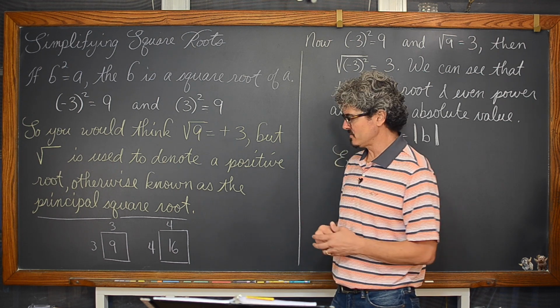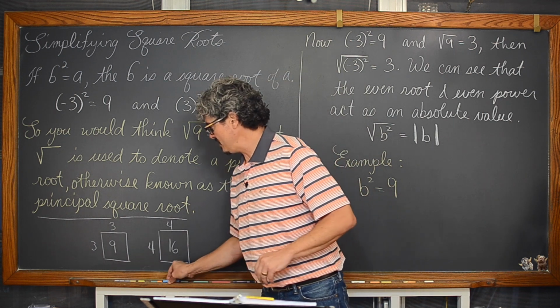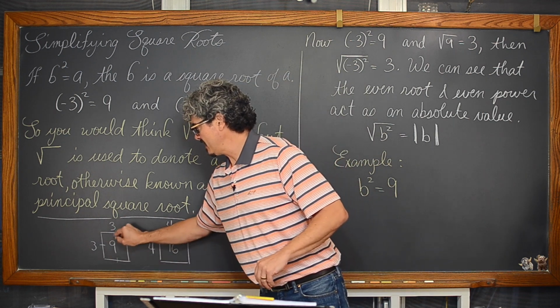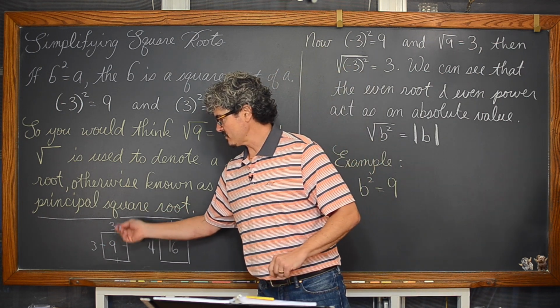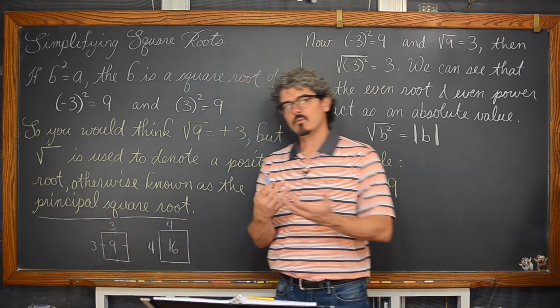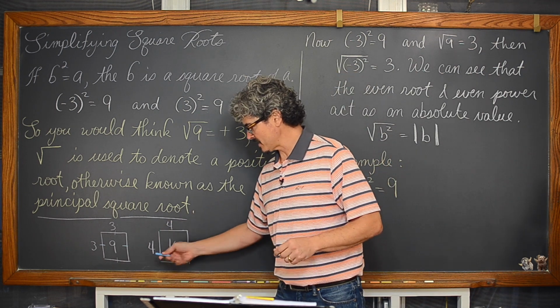Okay, and with the idea that we're looking for that principal root or that positive root, you can kind of think about it in terms of geometry as well. If I give you a square where each of those sides have a length of 3, and I ask you for the area, well then the area of that square is going to be 3 times 3, which is equal to 9. Or, you have a side of 4, another side of 4.